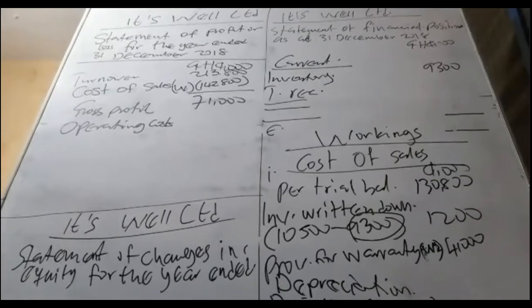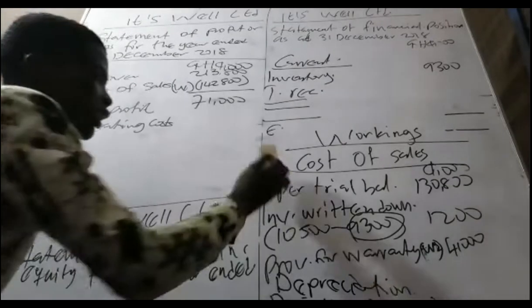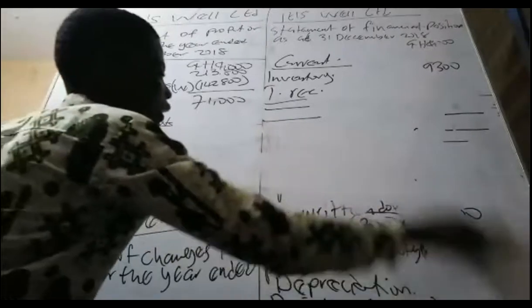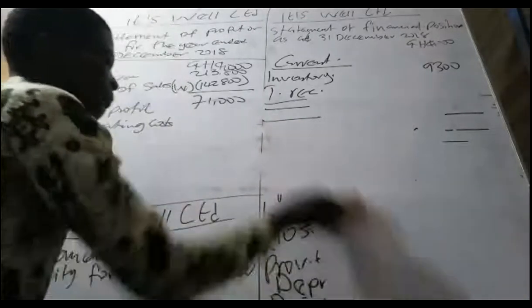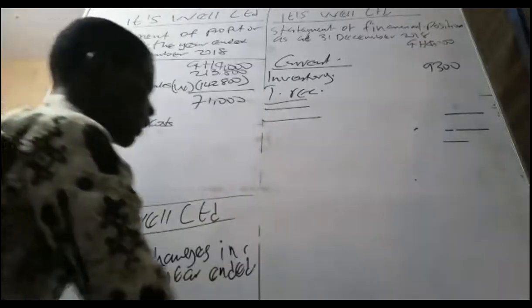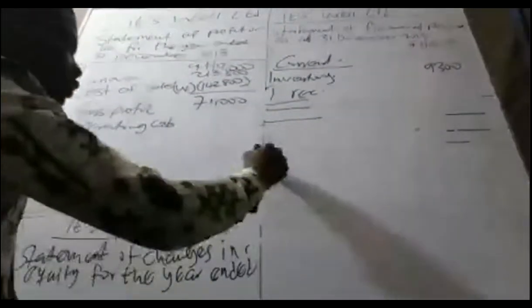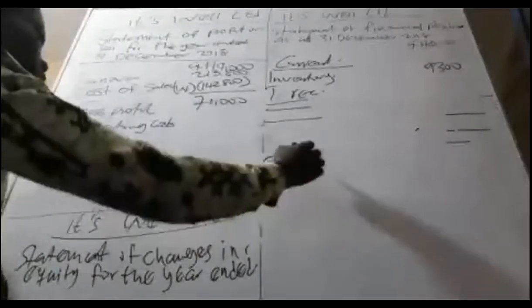Let's go to workings 3, and let me take the workings off. They're looking horrible. Don't you see them? This one is nice. Workings 3. Call it operating expenses.